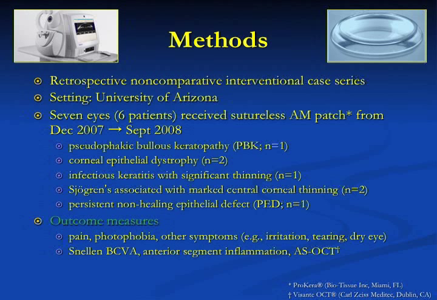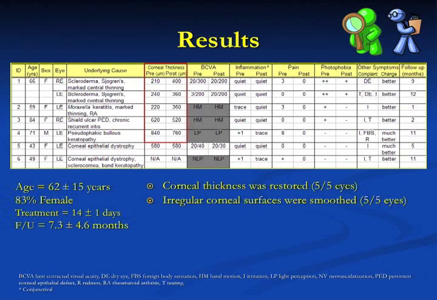At the time, we did have patients filling out a questionnaire regarding the discomfort and the pain before we placed the amniotic membrane and also afterwards. And the results showed significant improvement in the corneal thickness after the amniotic membrane was placed, but also significant improvement of the discomfort. So they were much more comfortable afterwards.